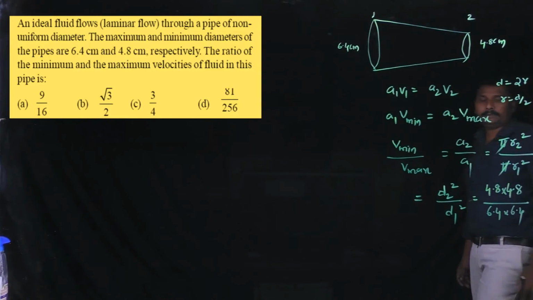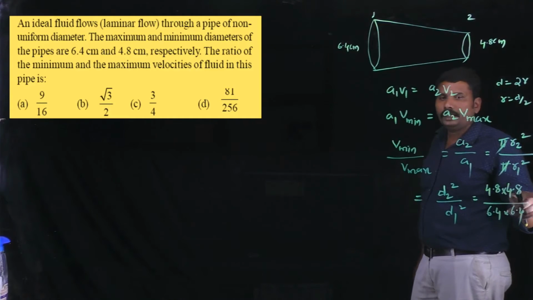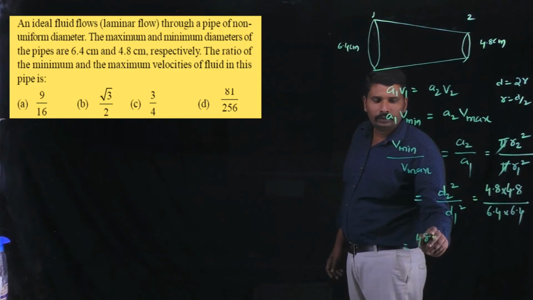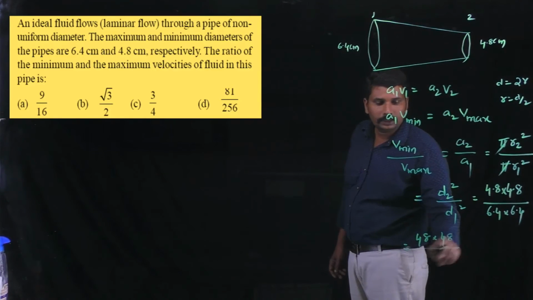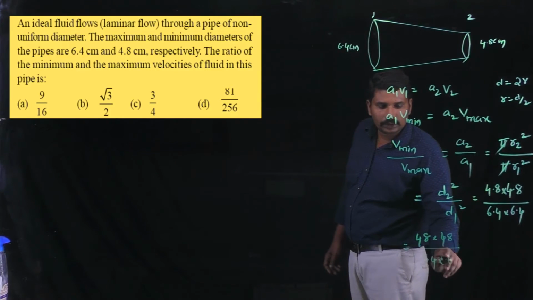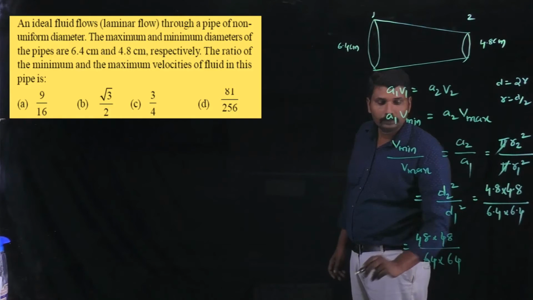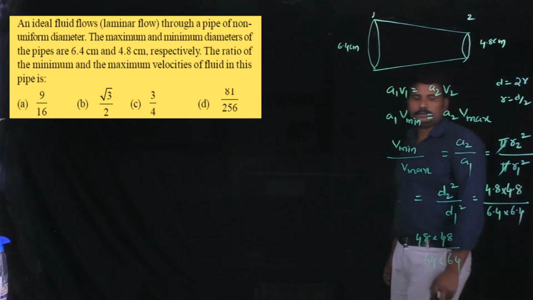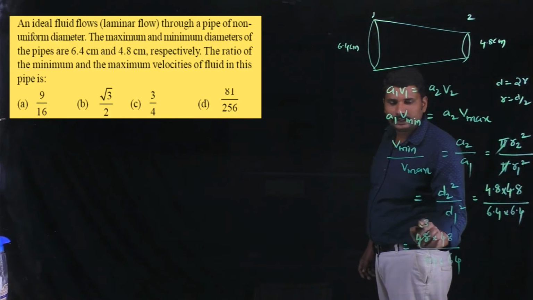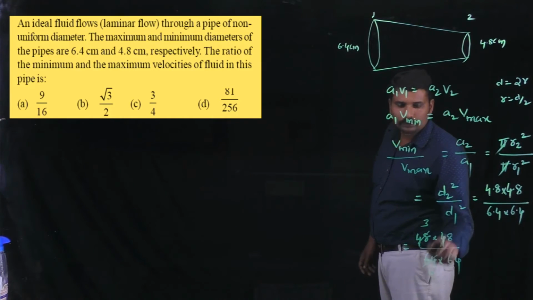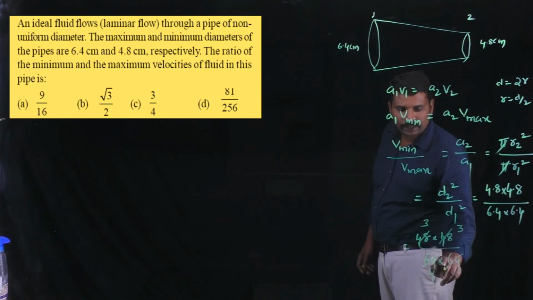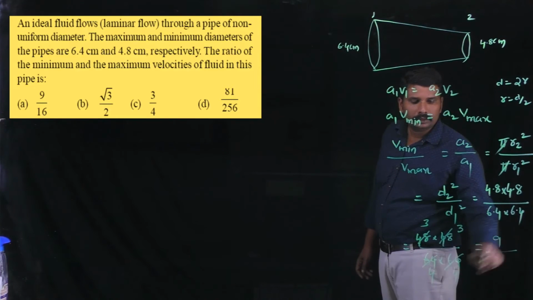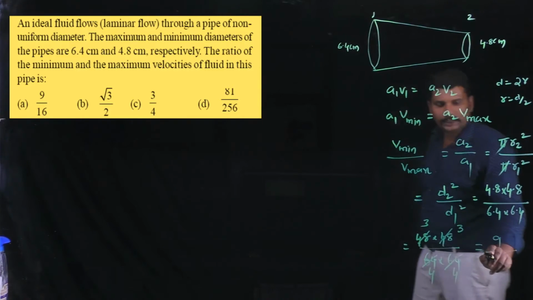By multiplying with 100 and dividing with 100, we got that it is 48 into 48 by 64 into 64. Okay, now by cancelling with 16, it is 16 threes, 16 fours. Once again it is 16 threes and 16 fours. It is 3 into 3, 9 by, the denominator it is 4 into 4, 16.